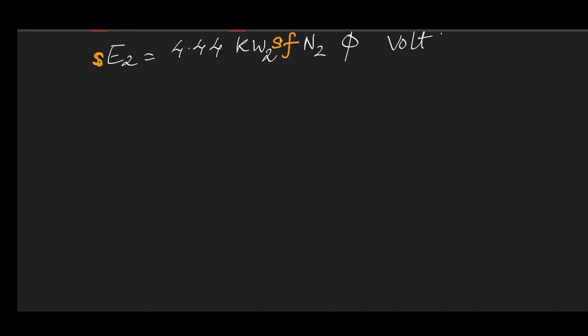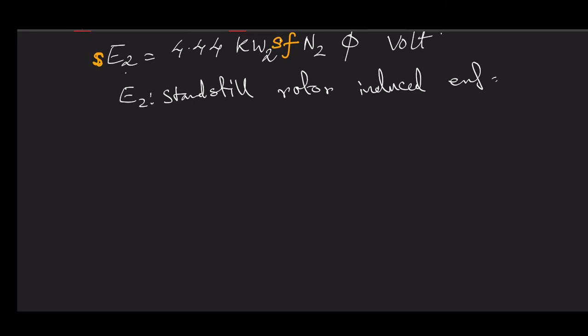So if we define E2 as the standstill rotor induced EMF, then we'll get this. Now let me draw the transformer equivalent circuit.